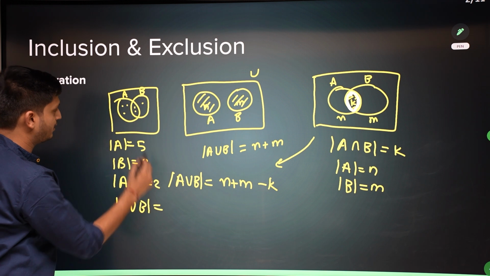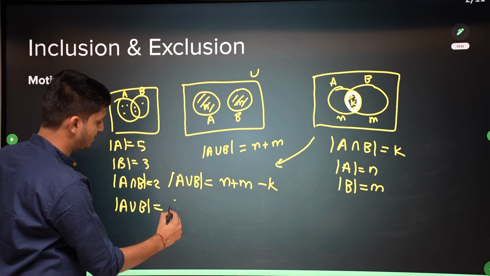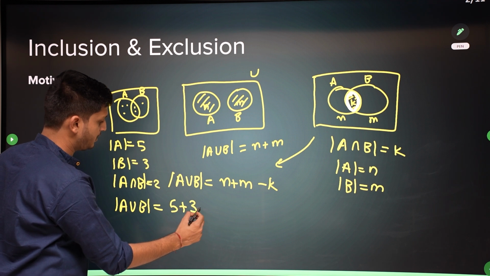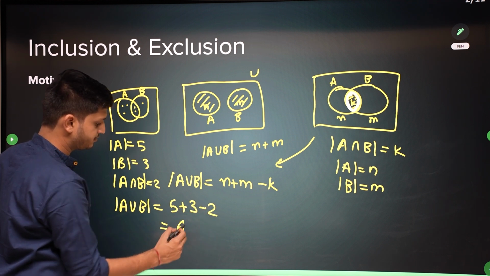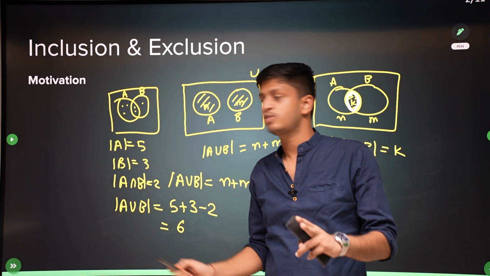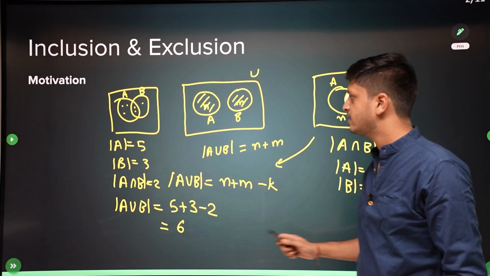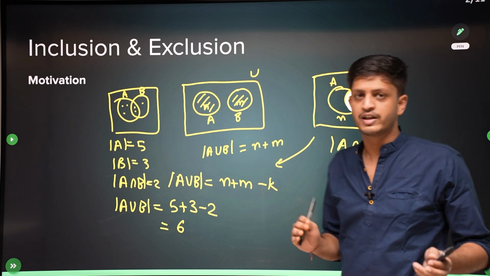We can count them: 1, 2, 3, 4, 5, 6 elements. From the formula we have cardinality of A plus cardinality of B minus cardinality of A intersection B, which is 6. Since we were counting these 2 elements 2 times, both in A and B, we have to subtract them once. This is what the principle of inclusion-exclusion is. Since we overcounted, we are excluding them.